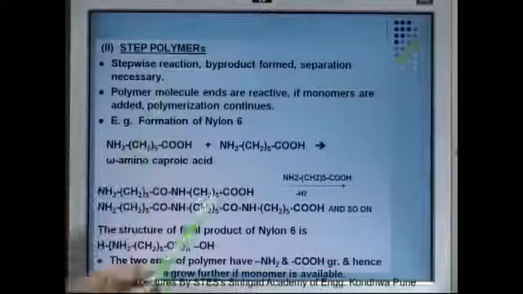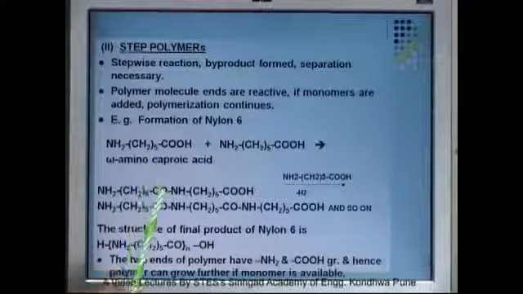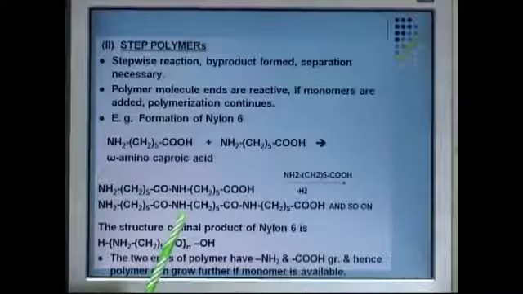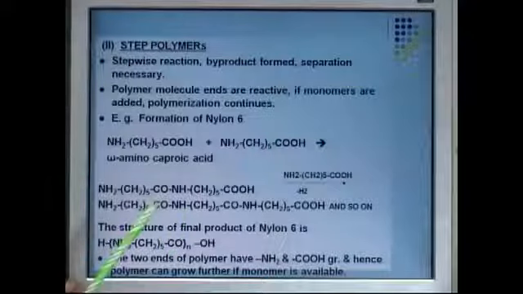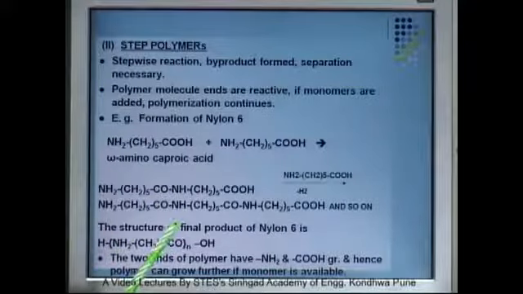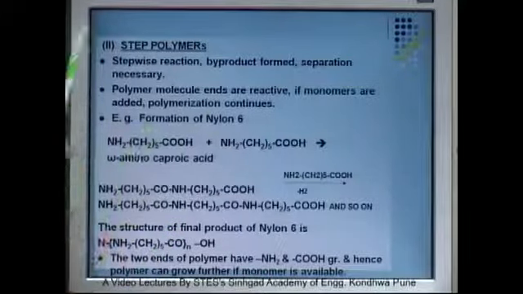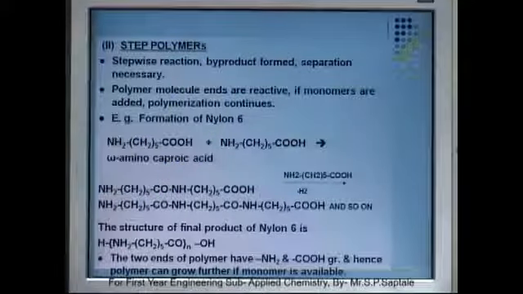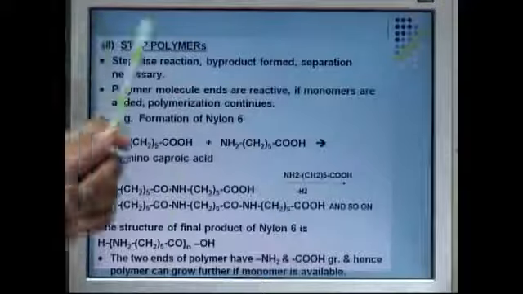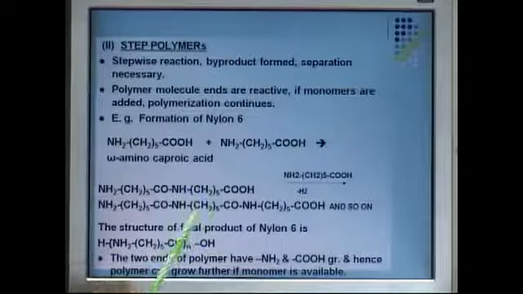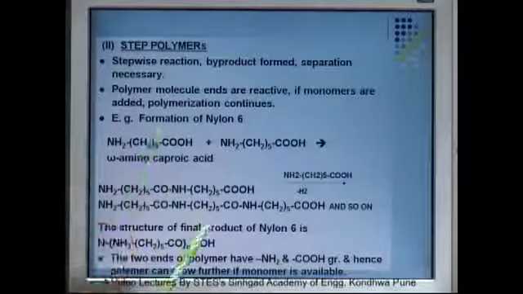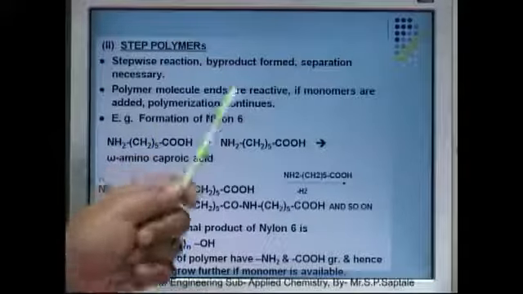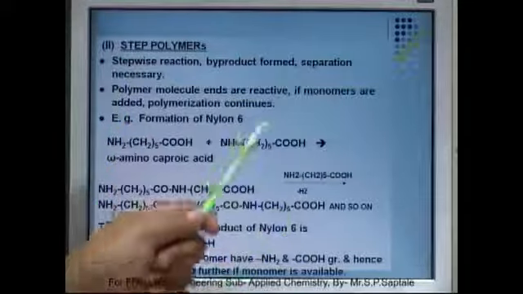In the previous one, in the addition, no byproduct is eliminated, so in addition or chain polymerization the empirical formula of the monomer is the same as the polymer. Here some byproducts in the form of HCl, SO2 and water are eliminated, so the molecular weight of the monomer and the polymer is different.